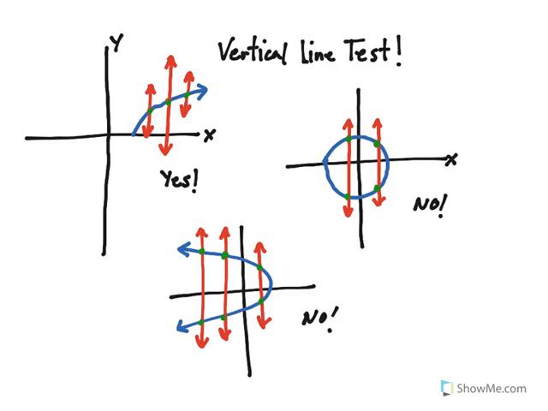So visually, you can easily test whether something's a function or not. Another good example, we'll do one more down here. Let's say I have some points, so we'll just draw some points.